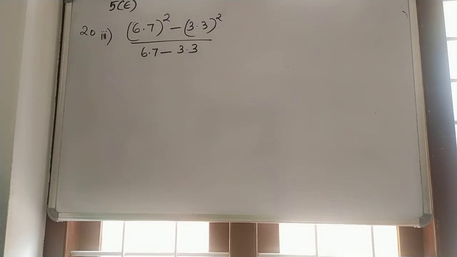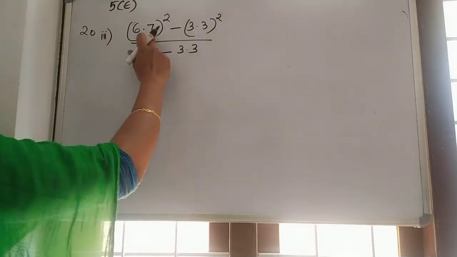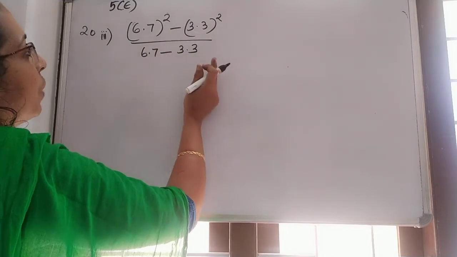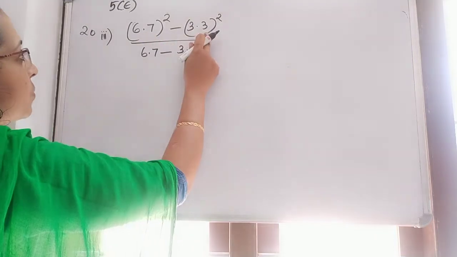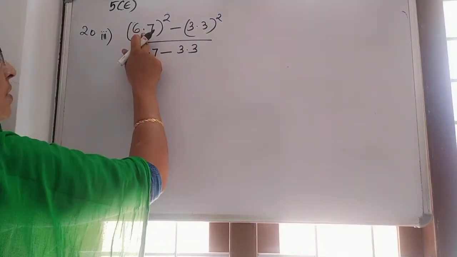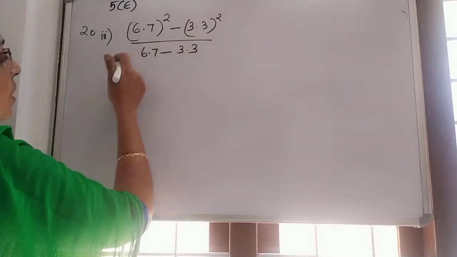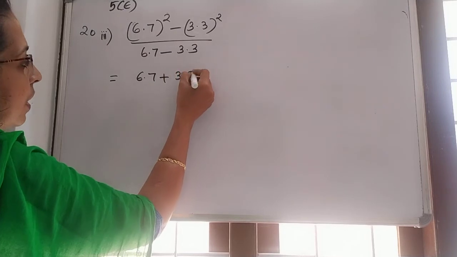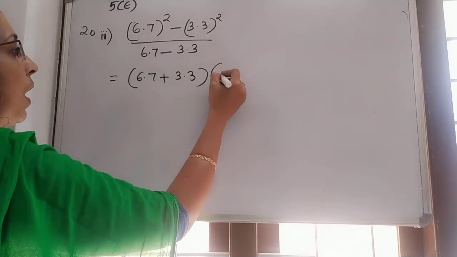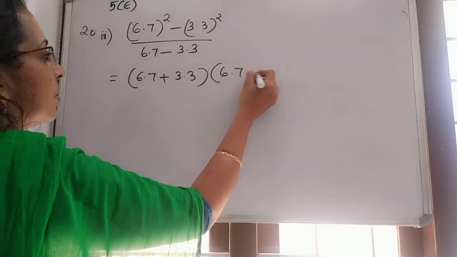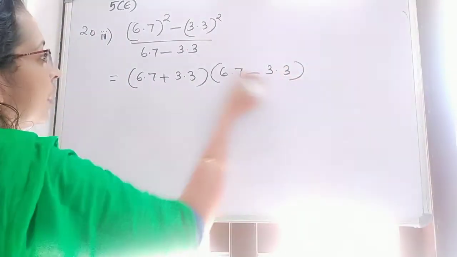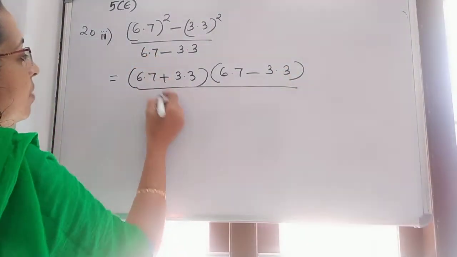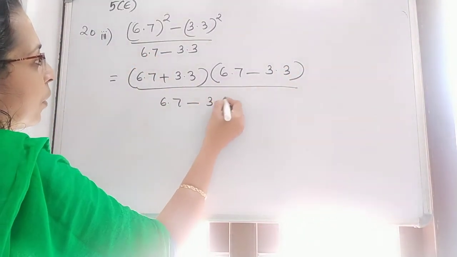Then third question, 6.7 whole square minus 3.3 whole square. Here also this is in the form of a plus b into a minus b, that is a square minus b square. A is equal to 6.7 and b is equal to 3.3. So this we can write as 6.7 plus 3.3, a plus b into a minus b is what? 6.7 minus 3.3 divided by same 6.7 minus 3.3.